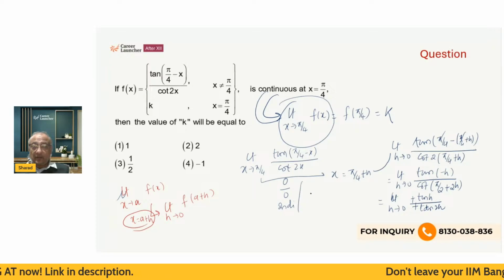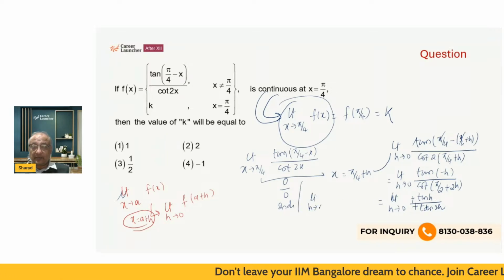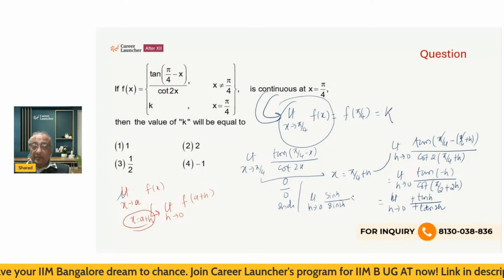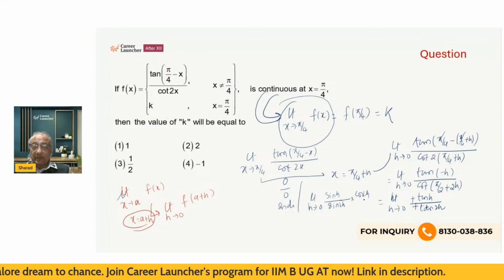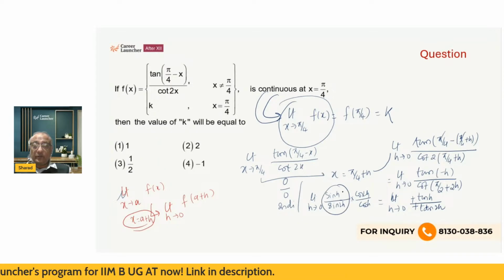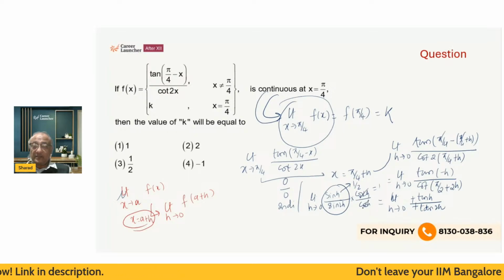So if you're not clear of the formula of tan h, that also does not matter. Write sin h upon sin 2h into cos 2h upon cos h. Right? This value, I have told you this is 1 by 2, this is 1, this is 1.